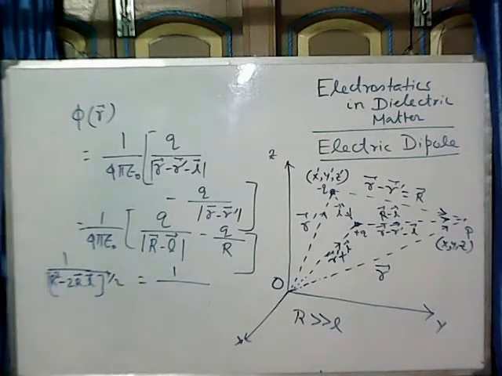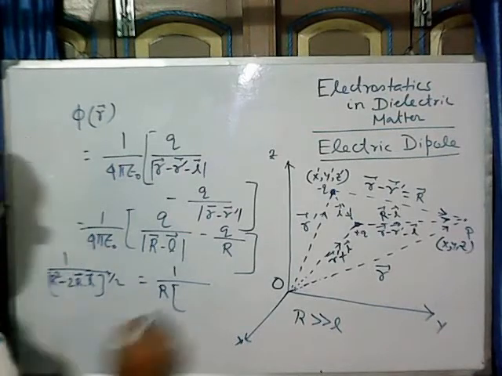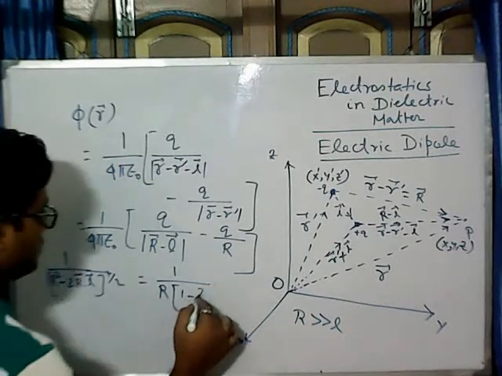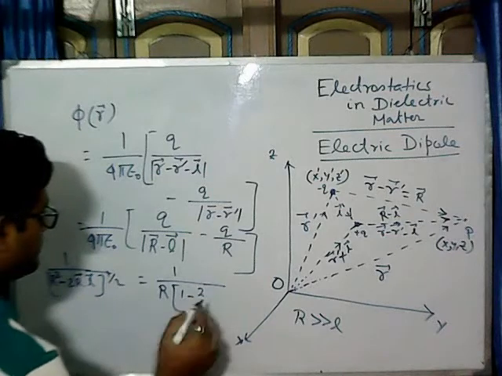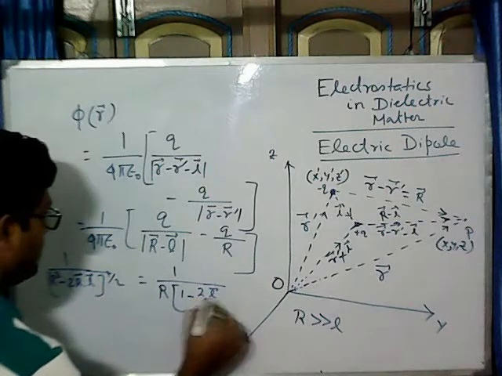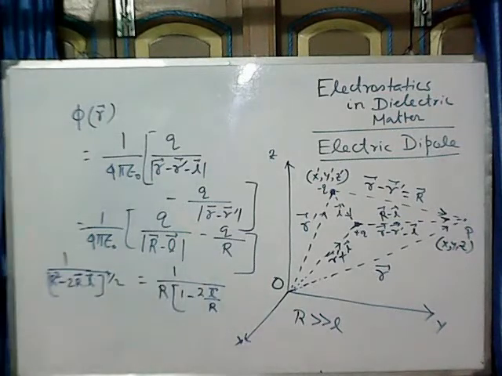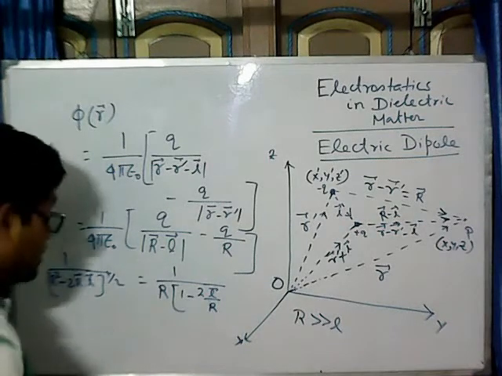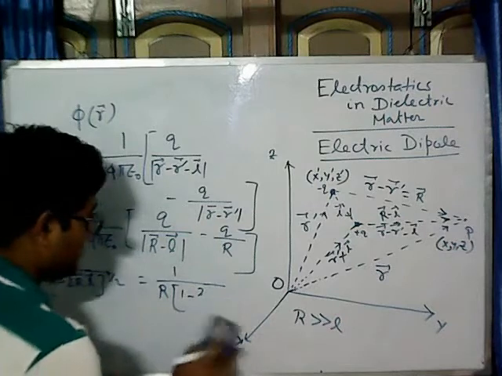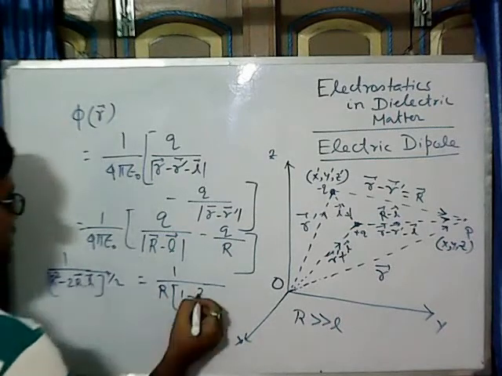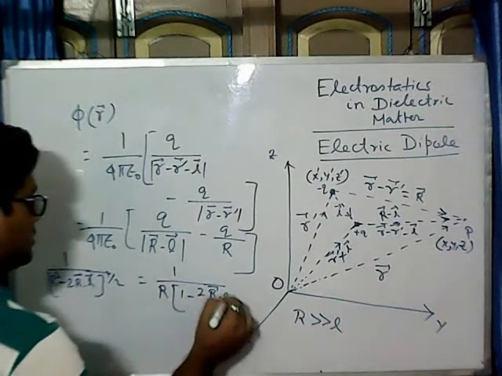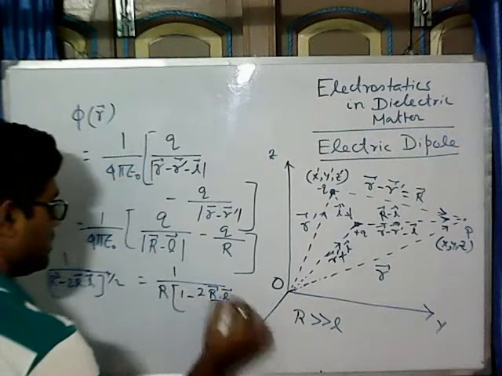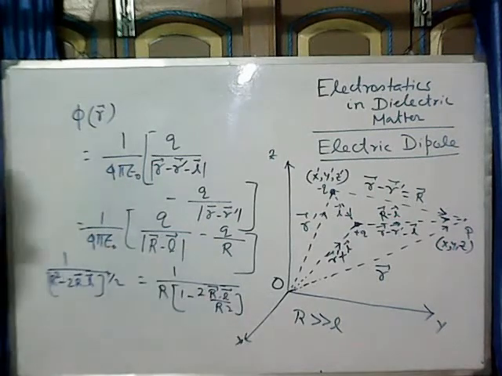So let's take r square common, and this becomes 1 minus 2 l by r. Or we can write it like this also, because this is a vector dot product. Later on we can simplify it like this.